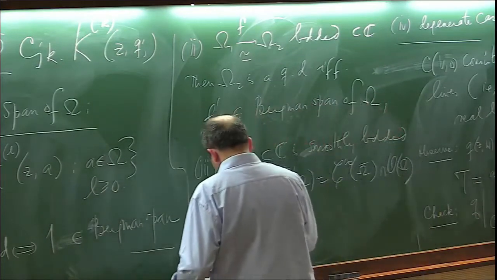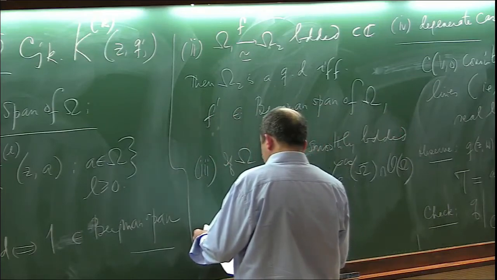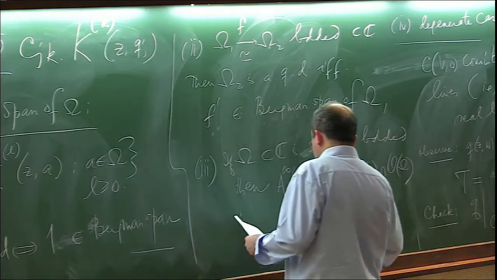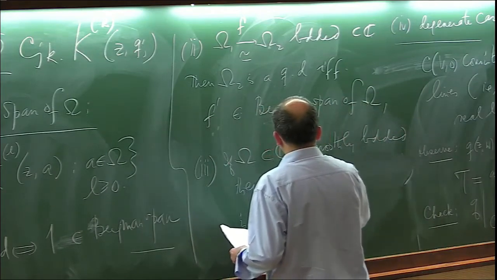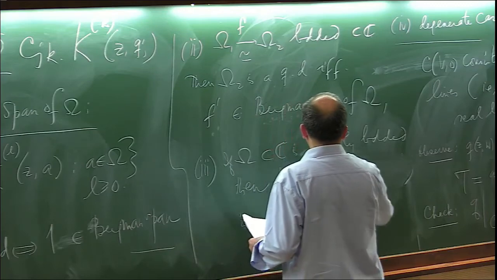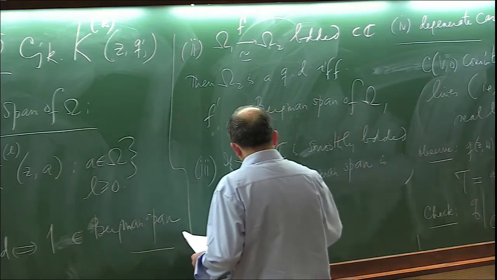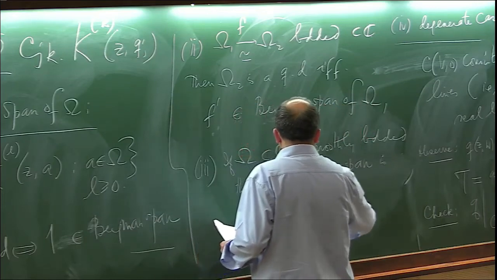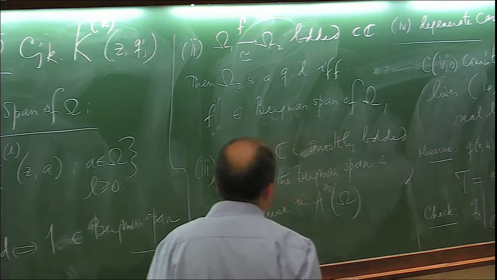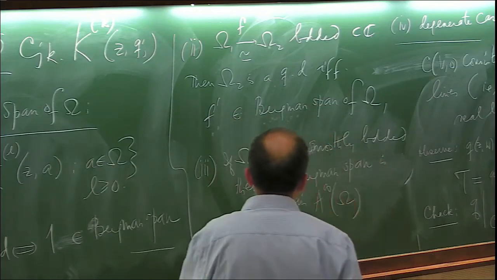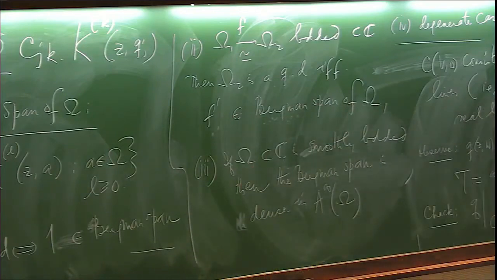Then the Bergman span is dense in A infinity omega. Any function in A infinity can be approximated by the Bergman kernel and its derivatives.